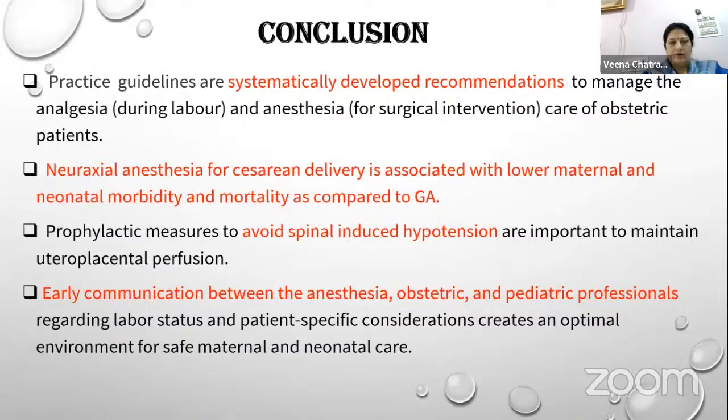Prophylactic measures to avoid spinal-induced hypotension are important to maintain uteroplacental perfusion. Early communication between the anesthesiologist, obstetrician, and pediatric professionals regarding labor status and patient-specific considerations creates an optimal environment for safe maternal and neonatal care.